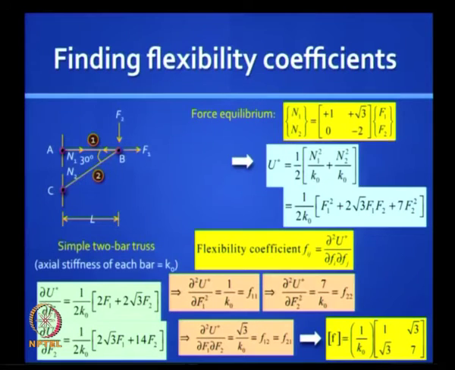So you can invoke this in this example, and exactly similar operation, and you can find an expression for flexibility matrix. And if you go back to the same problem we did earlier, you will find that this matrix is related to the K matrix. How? One is the inverse of the other, you can prove it.